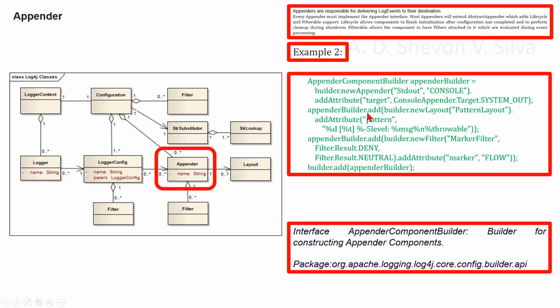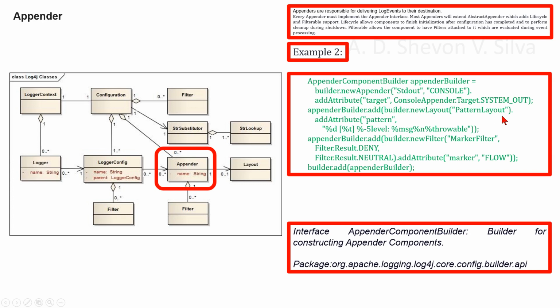With add here, it adds a layout to the appender component. Here the LayoutComponentBuilder is the parameter. Here in ConfigurationBuilder is the method newLayout, which returns a builder for creating a layout.